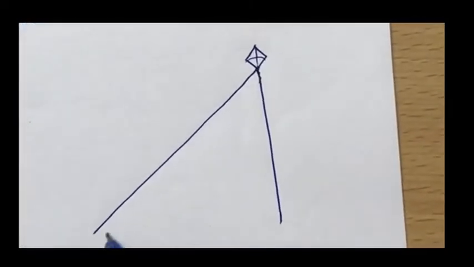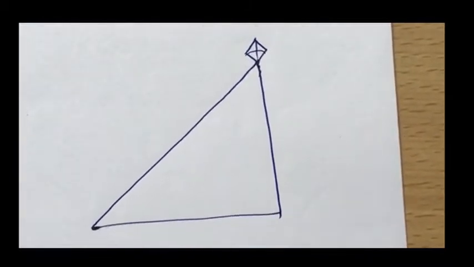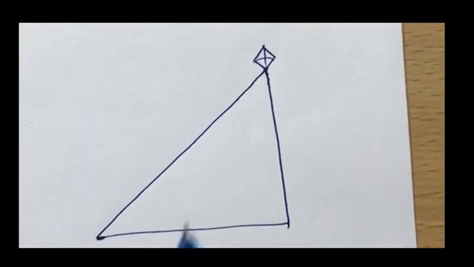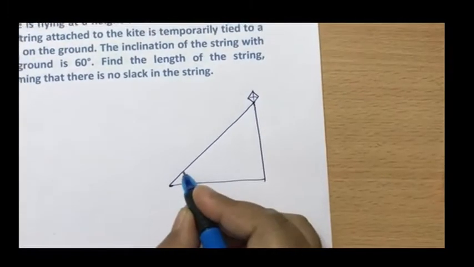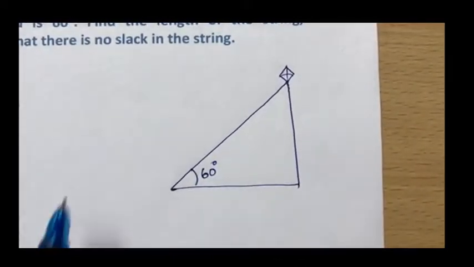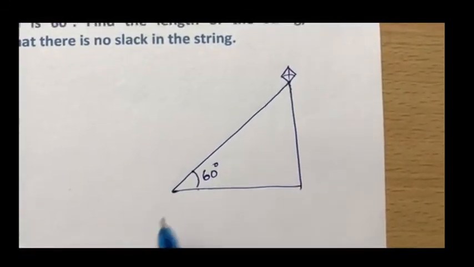It's somewhere here, and this is the ground. Clear? Okay, so we have the ground over here, and this is the kite, and here it is given that this is 60 degree. The inclination of the string with the ground is 60 degree.